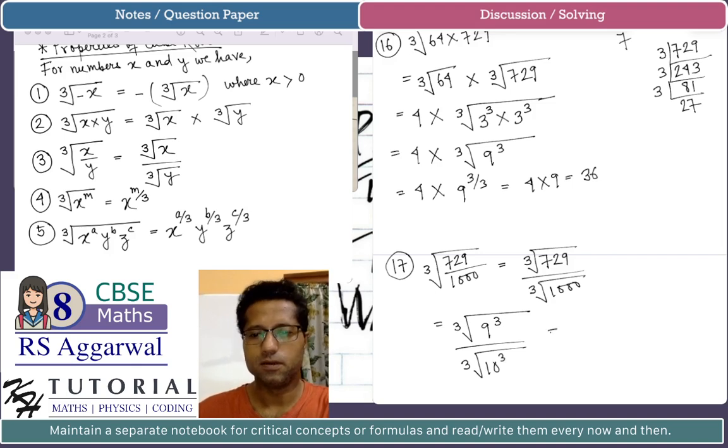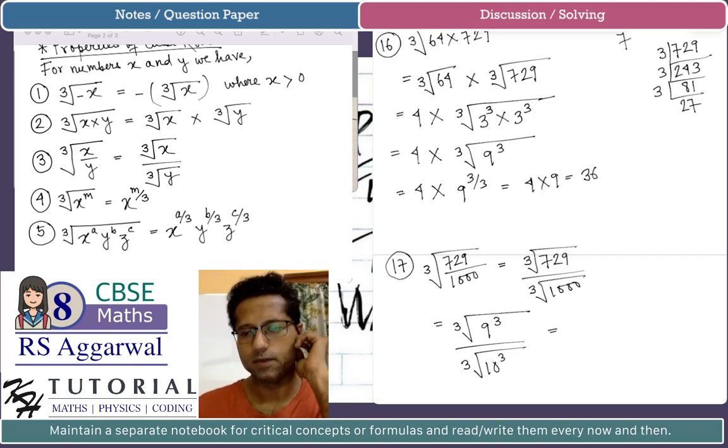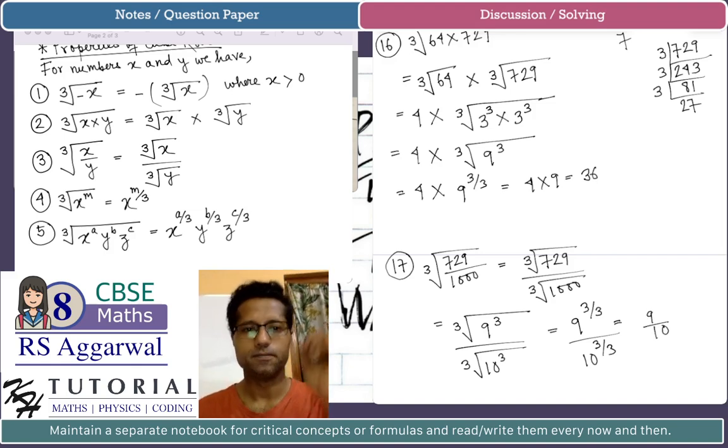So this will now be equal to cube root of 9 cube. Using property 4 again, we can say this will be 9 to the power 3 divided by 3, and the denominator will be similarly 10 to the power 3 by 3. This is equal to 9 by 10.